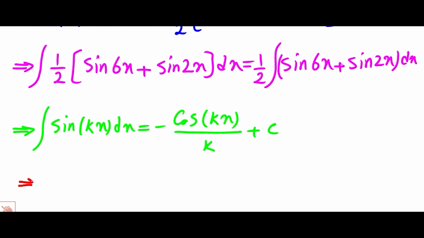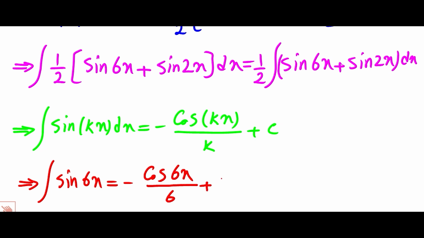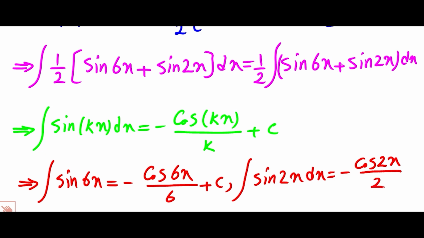So the integral of sine of 6x equals negative cosine of 6x over 6 plus c, and the integral of sine of 2x dx equals negative cosine of 2x over 2.